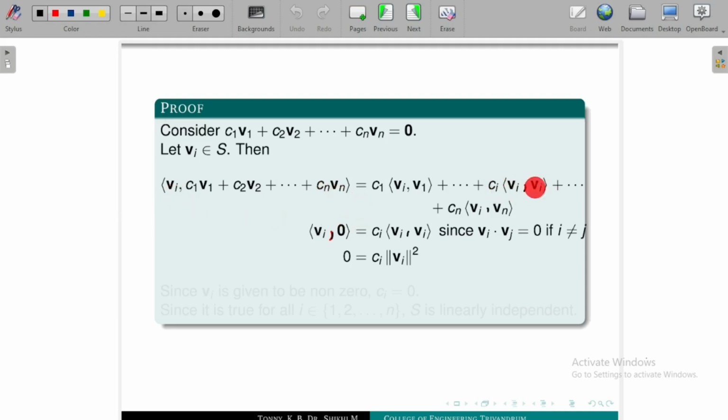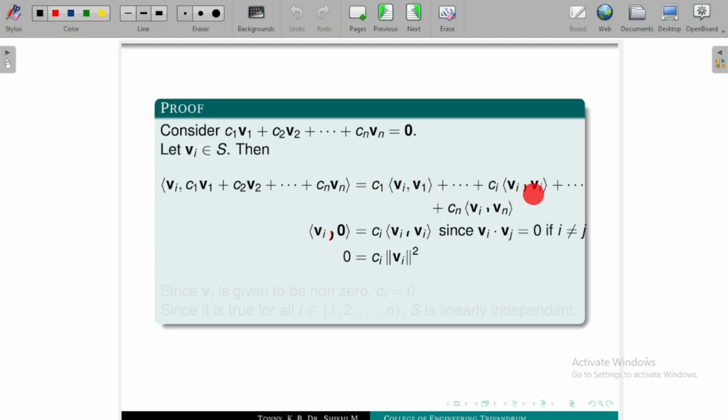And the ith term becomes Ci into inner product Vi Vi. So what happens to the left hand side? Here the sum C1 V1 plus C2 V2 plus etc. plus Cn Vn is assumed to be 0, so we can substitute 0 here. And this inner product Vi with 0 becomes 0.